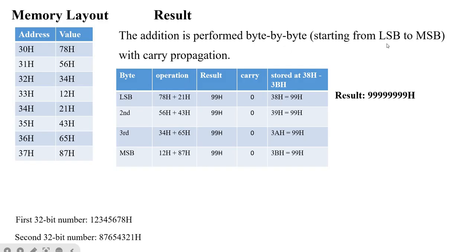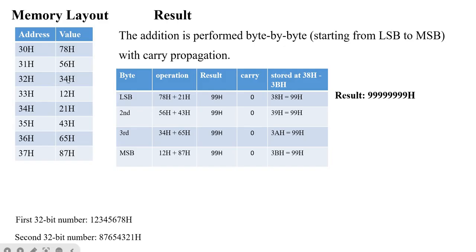Now we'll go to the next byte. The next byte is 56, and the next byte of the second 32-bit number is 43. 56 plus 43 is again 99 with no carry, and this result is stored at the 39H location, that is 99H.